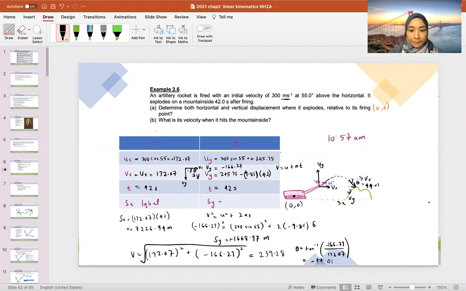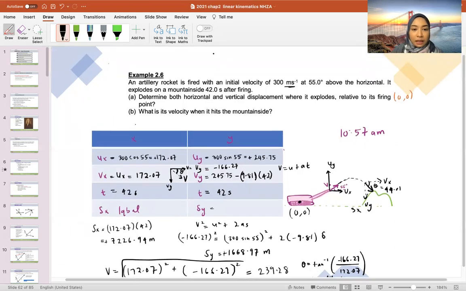Doktor boleh explain kenapa kita ambil total time 42 second? Kenapa kita ambil 42? Okay, thank you for the question. So in the question it says that an artillery rocket is fired at an initial velocity above the horizontal. It explodes on the mountain side 42 seconds after firing.